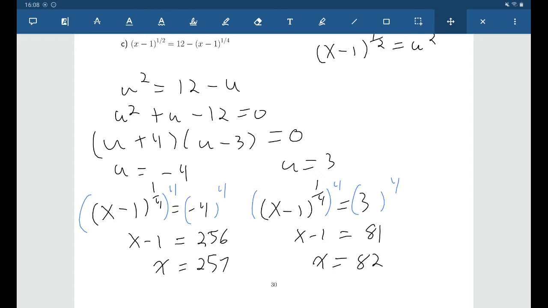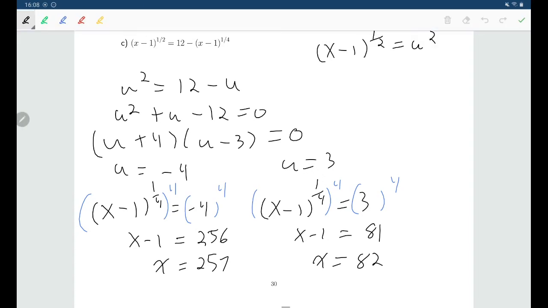So here, since I raised both sides of these equations to the power of 4, it's possible that I might wind up creating an extraneous solution. It's possible that one or both of these solutions might not solve the original equation.